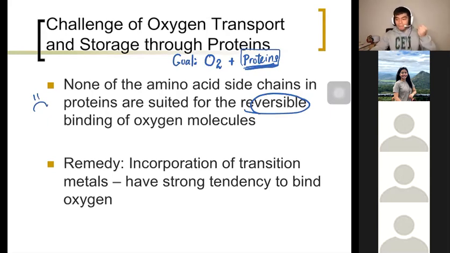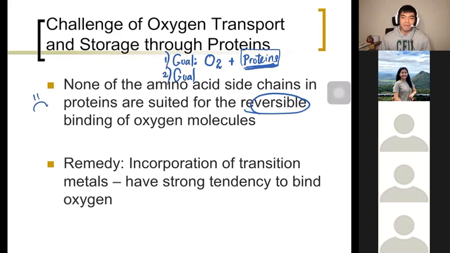Di ba dapat pagkuha ng protein doon sa oxygen, pagdating sa tissue, ibibigay, i-give off. Pero ang problema sa mga amino acids, wala sa kanila ang nagbibigay after. Kanila lang yon forever. So therefore, ano ang susunod na goal? Ito yung goal number 1, okay, dun sa oxygen. Ngayon, anong susunod na goal? Nagigets ba yung kwento? Ha?